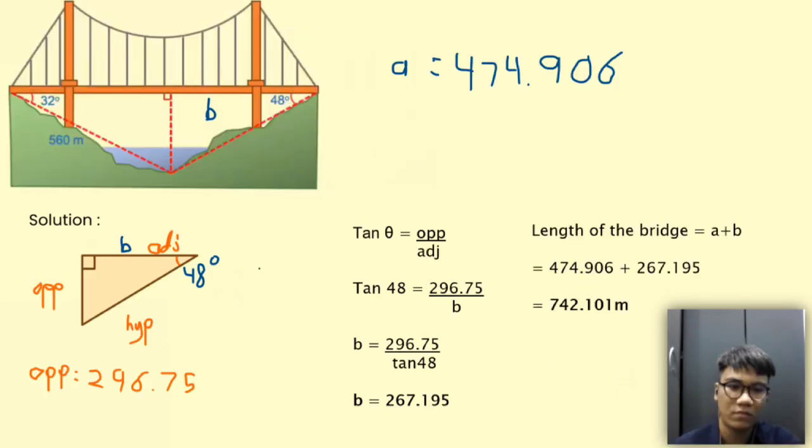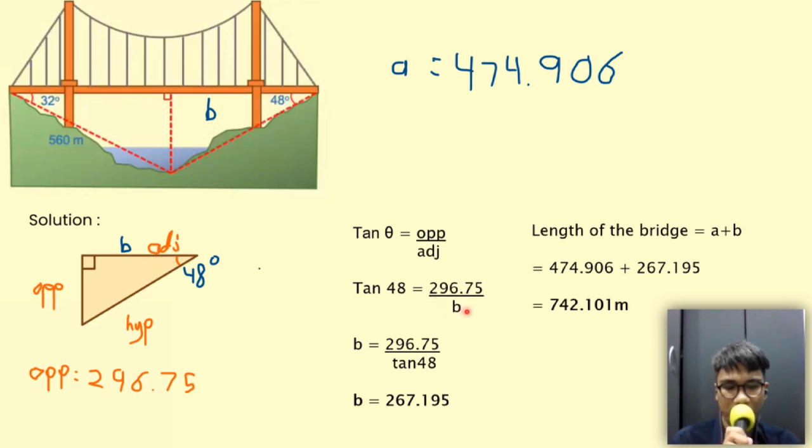474.907 meters. And now we are going to find the length of B, which is right here. For this we are going to use the tan formula, which is tan equals opposite divided by adjacent. Same as earlier, we use the 48 degrees here, equal to the opposite, which is 269.75 that we got earlier, divided by B, which is the adjacent.